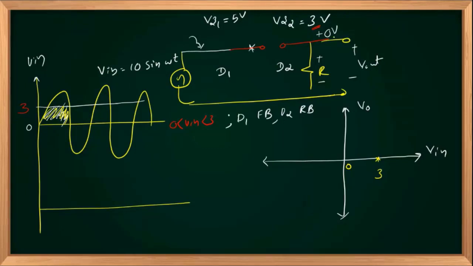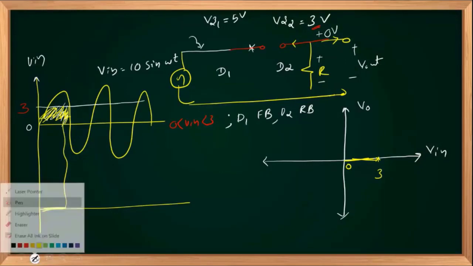So there is no current to the right, no current to the left, no current through R, no drop across R. V out will be 0. So in this region, V out will be 0. Is it clear? D1 forward biased, D2 reverse biased before breakdown, open circuit. So V out is equal to 0.